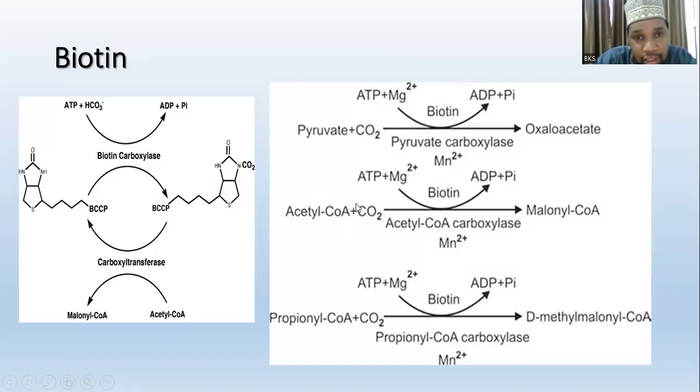Typical of this reaction, acetyl-CoA is carboxylated to form malonyl-CoA by the enzyme acetyl-CoA carboxylase. Within the acetyl-CoA carboxylase, because it requires biotin, there is an active site of this enzyme that performs this biotin carboxylase reaction. When the carboxyl group comes into the active site of acetyl-CoA carboxylase, it is first transferred to biotin to form carboxylated biotin, as we can see here, by a particular active site of the enzyme.